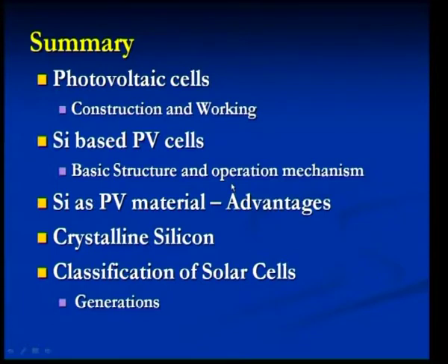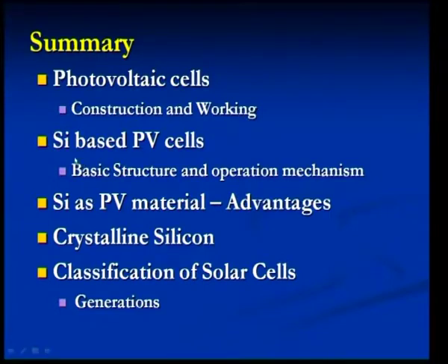Now, as a summary, in this particular part 4 of solar energy, we have gone into the details of construction and working of a photovoltaic cell. What are the different layers, and the functions of the different layers in forming your photovoltaic cell have been seen in detail.